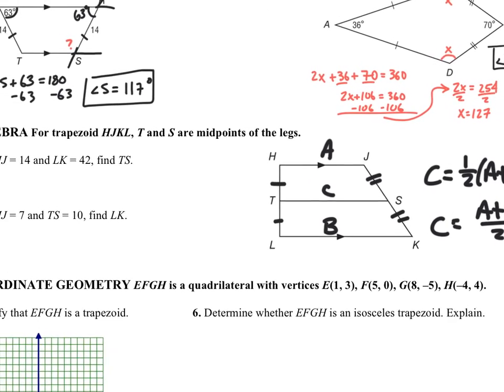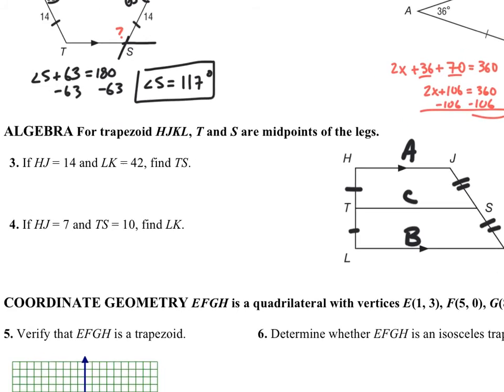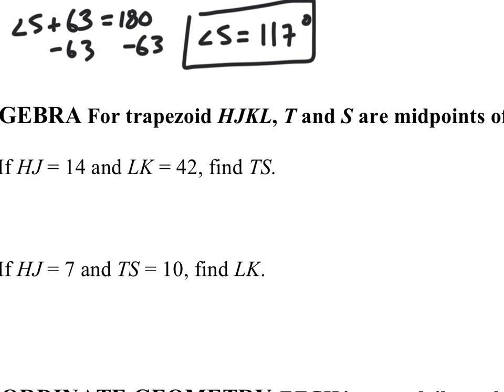So, it tells us in the first one that HJ is 14, and that LK is 42. We need to find TS, all right? So we're given A, we're given B, we need to find C. So what I'm going to do is plug that into my formula and say that segment length TS is equal to 1/2 times the sum of 14 and 42.